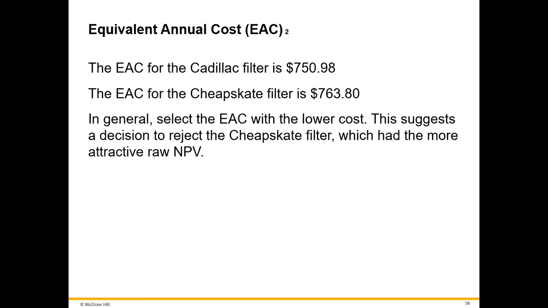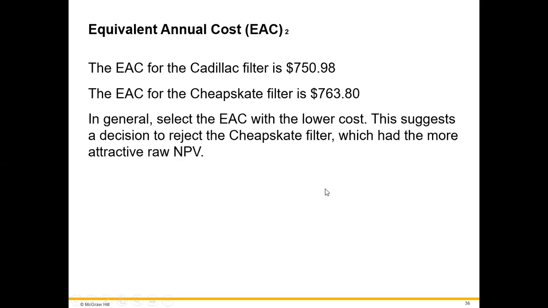You can say, if we had to pay for this monthly, it would cost us $751 if we got the Cadillac filter, but the cheapskate filter costs $764. So it makes more sense to get the Cadillac filter, even though the initial cost is higher.